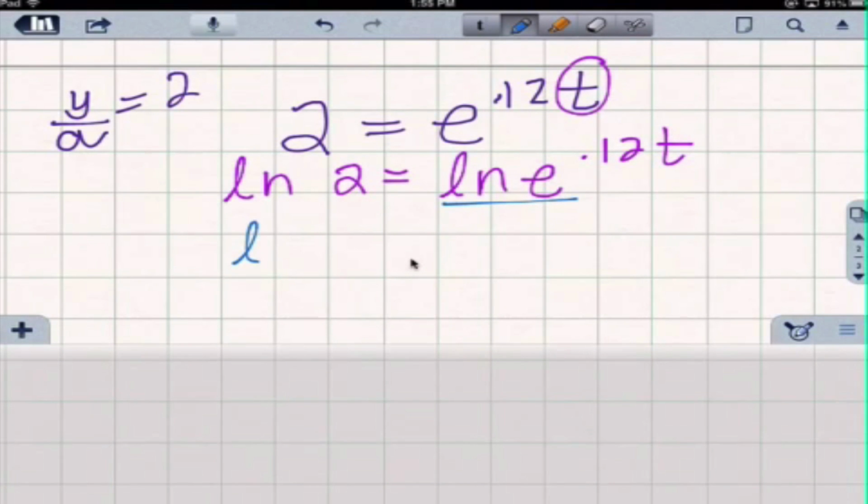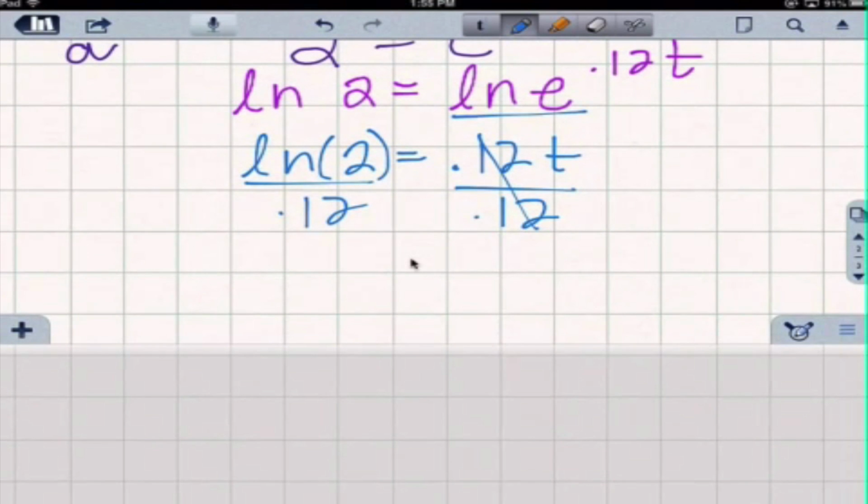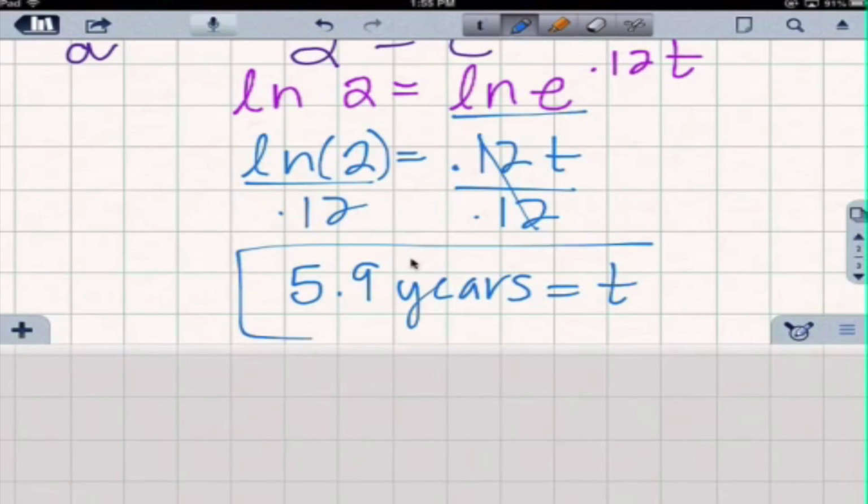So I actually just have ln of 2 equals 0.12t. So I'm dividing both sides by 0.12. And when I put that into my calculator, I get 5.9 years equals t.